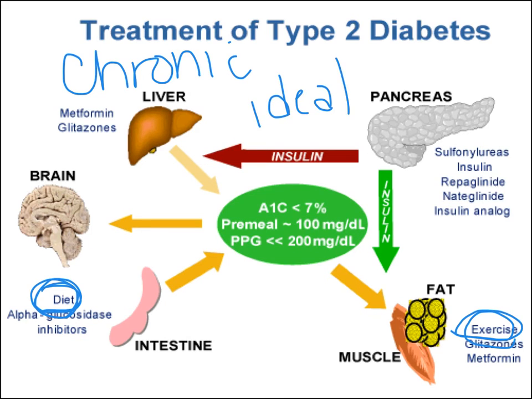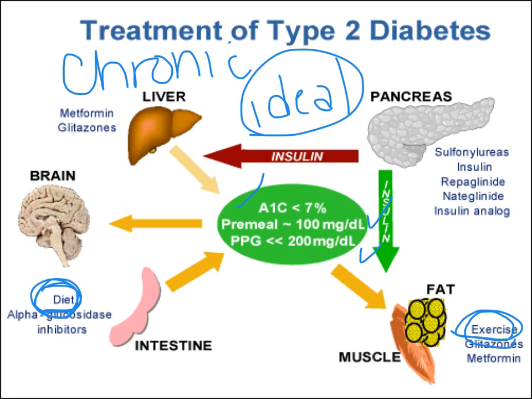When we focus on these, there are times when people can delay being placed on medications. But if not, then there is medication available. Our goal is to keep their hemoglobin A1C less than 7, their pre-meal glucose less than 100, and their post-meal glucose less than 200.